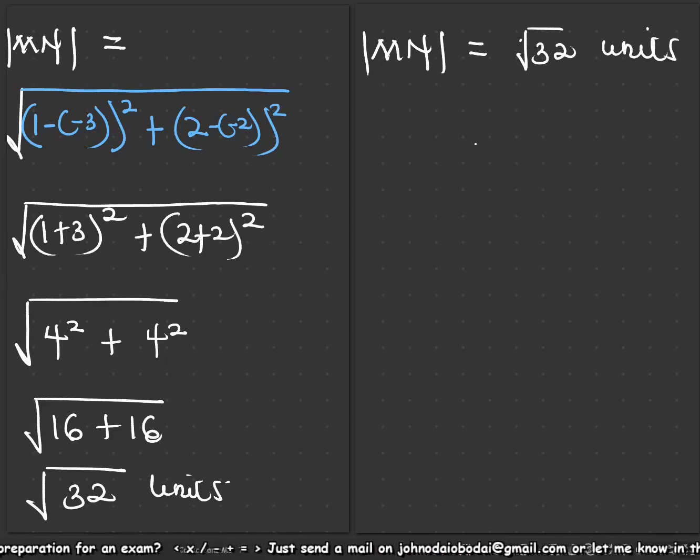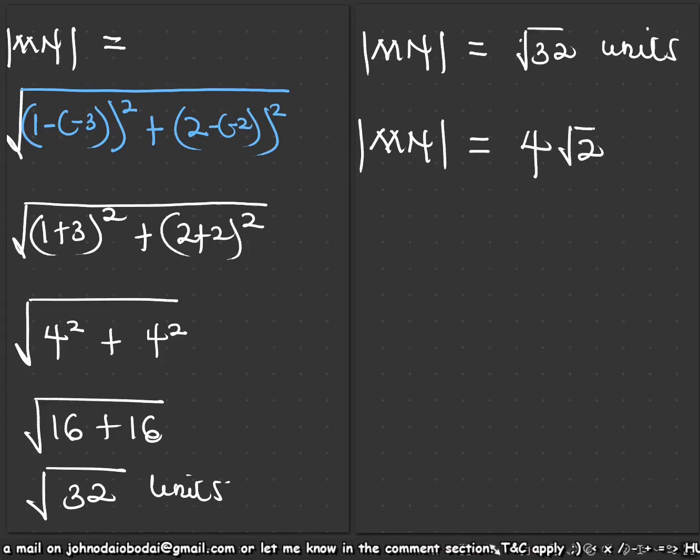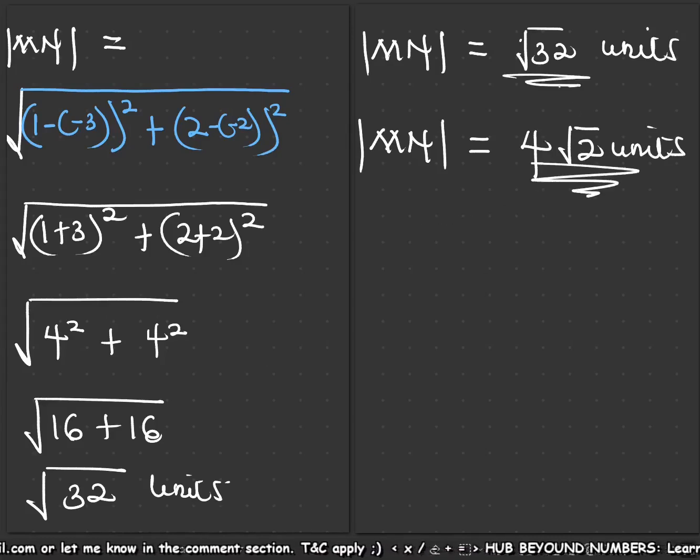And if you are more curious, you can say the magnitude of MN is actually going to be equal to 4 root 2 units. As I said, this here is beyond the scope of this video, and hence this alone is fine.